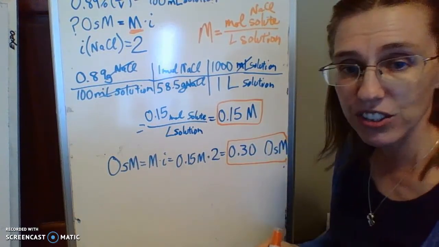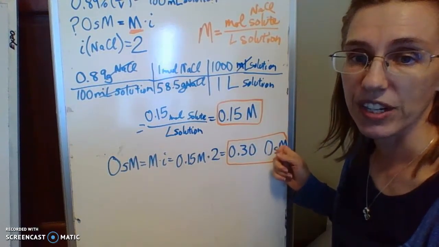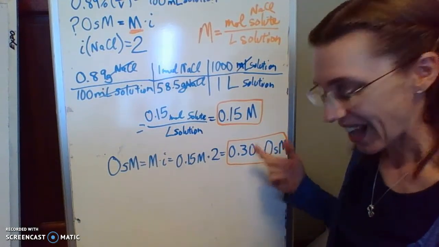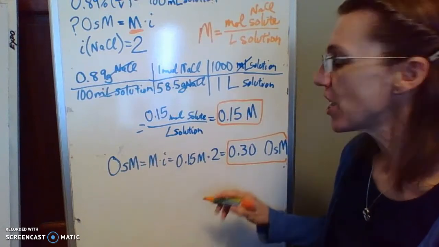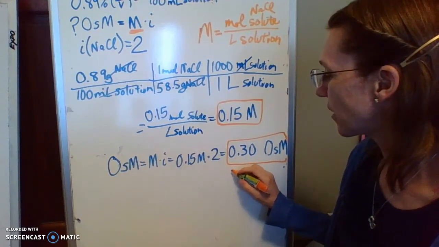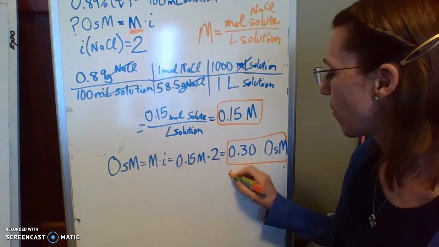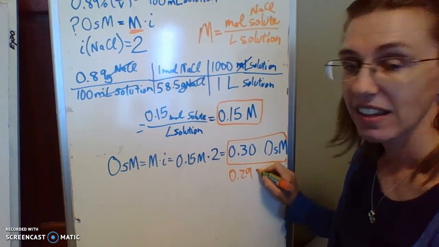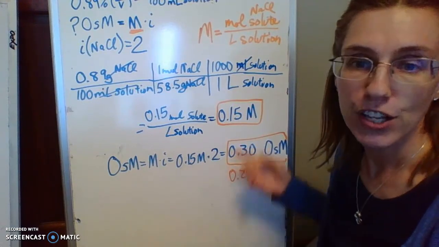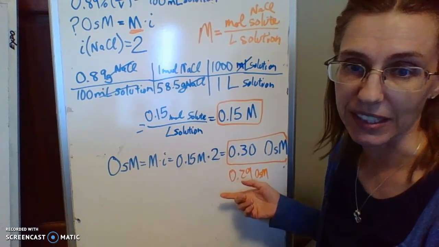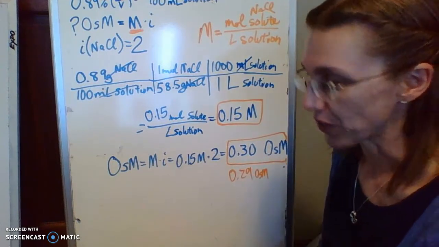So physiological saline is 0.30 osmolar. And generally, if you work enough of these problems, you'll see that the problems will either give you 0.30 or 0.29 osmolar as your osmolarity for physiological saline. Use whichever one you're given. Okay. Here we calculated it as 0.30.